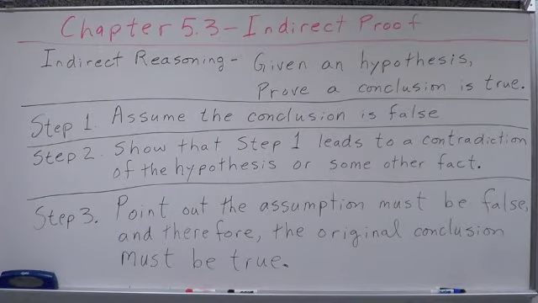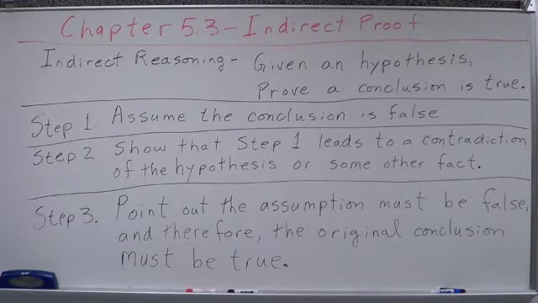In order to prove that something is true, first of all, we're going to assume it's false and then show that because it's false, the false assumption can't be true. Therefore, the original conclusion has to be true.